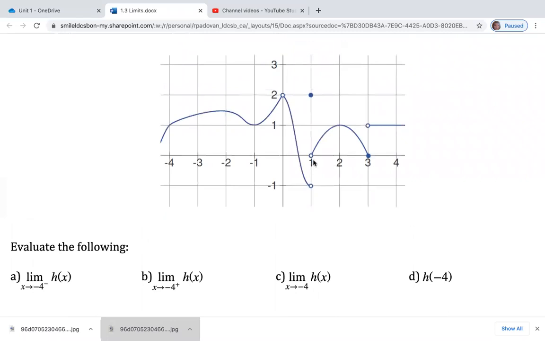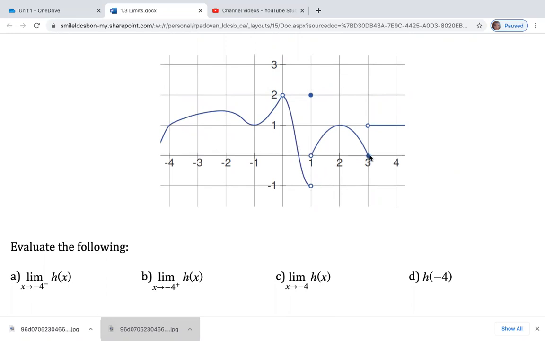So 1 from the left side, I'm going up on the graph, I'm up to here, I still have to go here. I am approaching a y value of -1. So i equals -1. From the right-hand side, I have to start to the right of the value of 1.